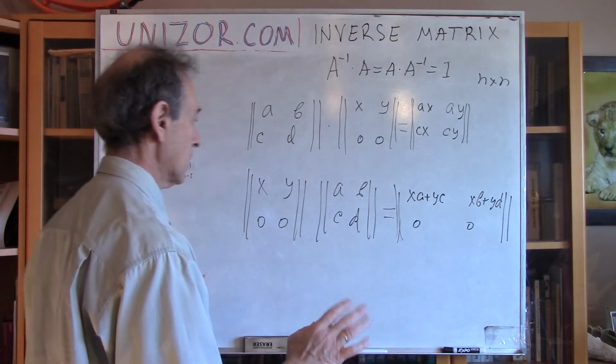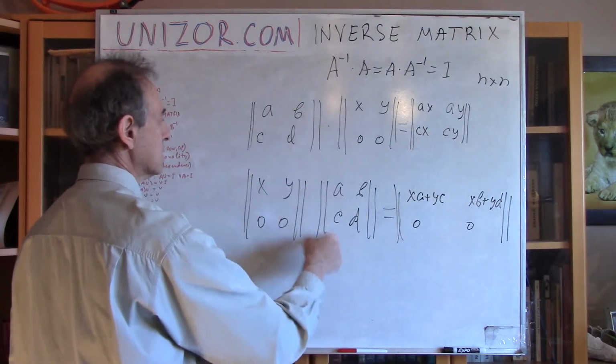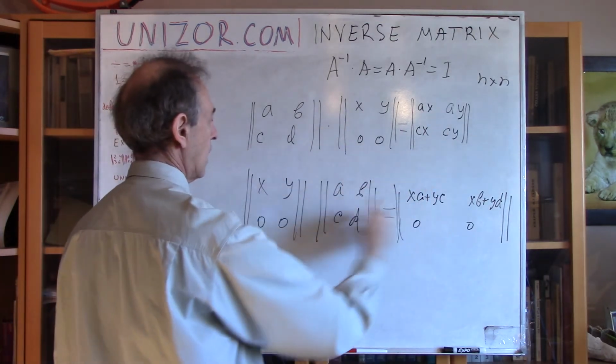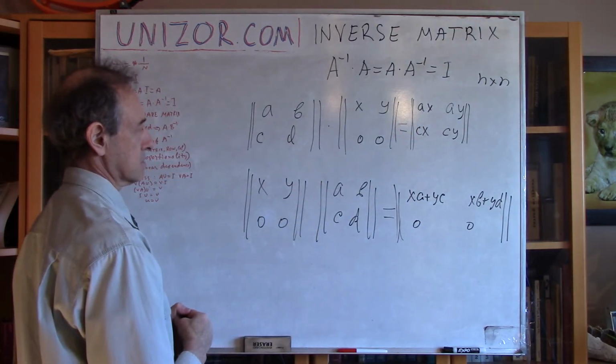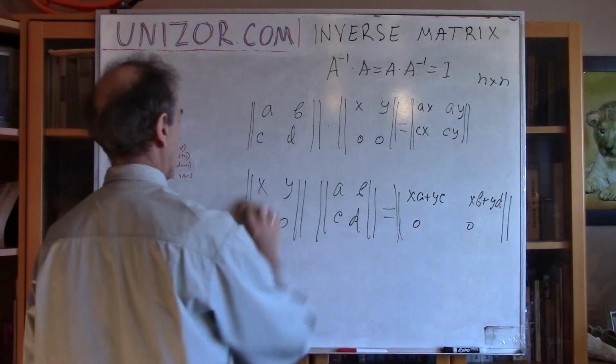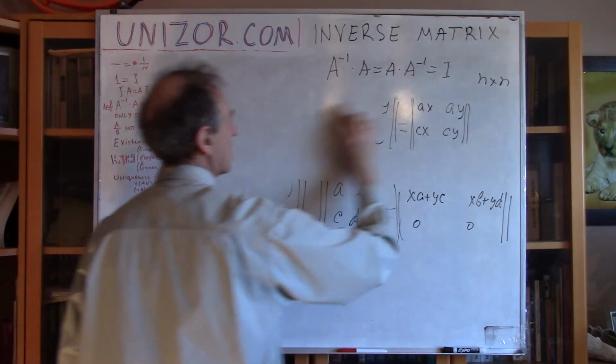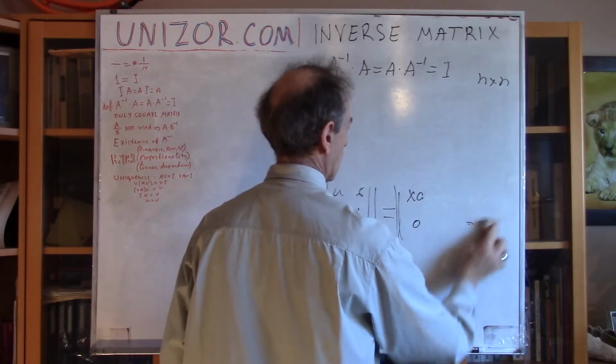So there is no inverse. There is no ABCD matrix whose multiplication would result in an identity matrix. Okay, fine. So this is again a trivial example.